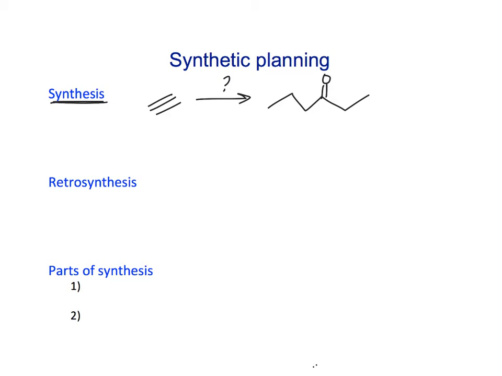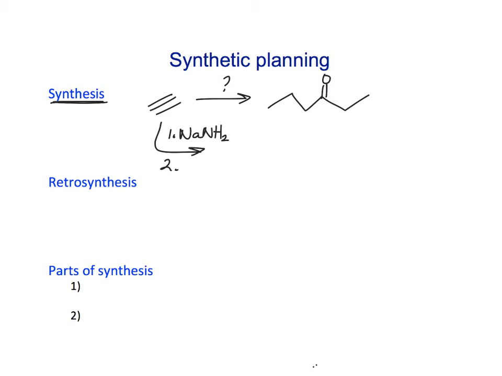We know that we have a longer carbon chain, so you might imagine that you could turn acetylene into an acetylide anion like this. And two, you could add some alkyl group onto that via an SN2 substitution. But just looking at that, we might not know how long of a carbon chain we should add.